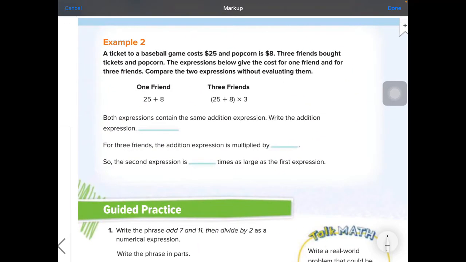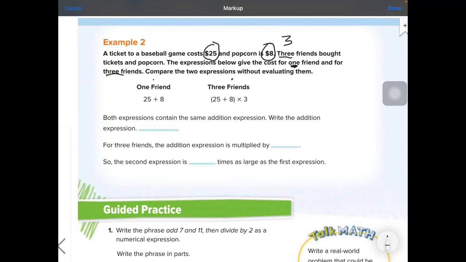Example 2. A ticket to a baseball game costs $25, and popcorn is $8. 3 friends bought tickets and popcorn. The expression below gives the cost for 1 friend and for 3 friends. Compare the 2 expressions without evaluating them. So we're just supposed to compare them. Both expressions contain the same addition expression.